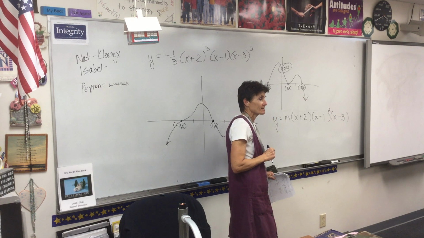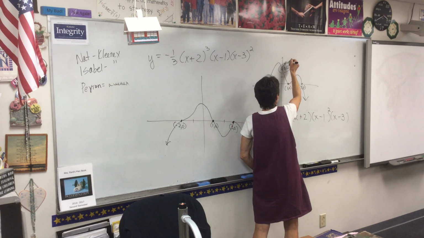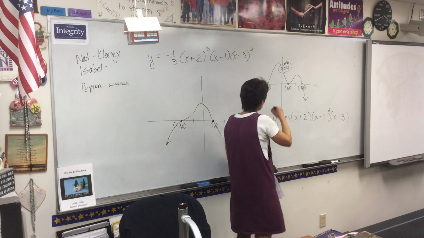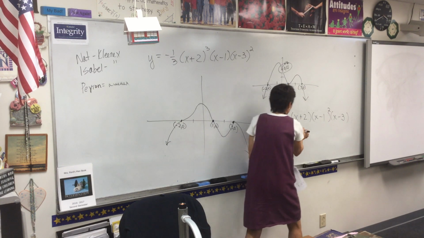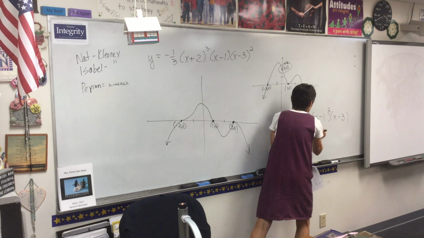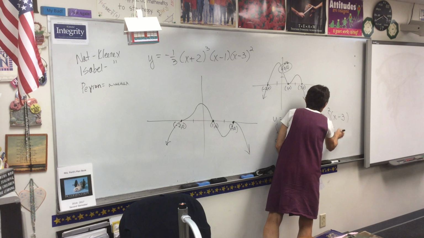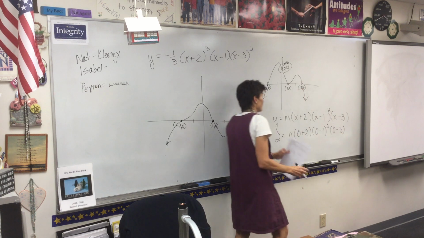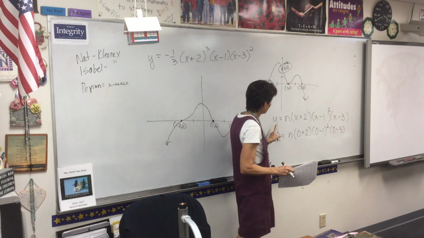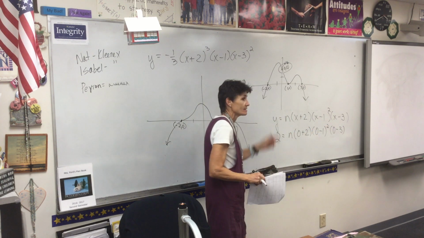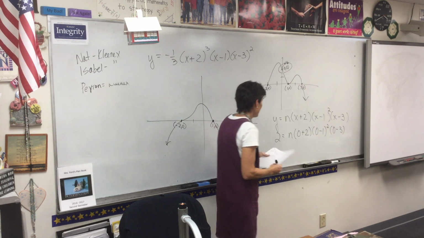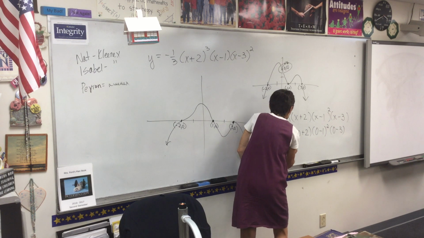Plug in y and x. This is a coordinate pair. So if I let y be 2 and x be 0, I should be able to figure out what my n is. I'm going to put 2 in for y and 0 in for all the x's, and I'm going to figure out what my n is. Here we go. Does n just mean like the number?